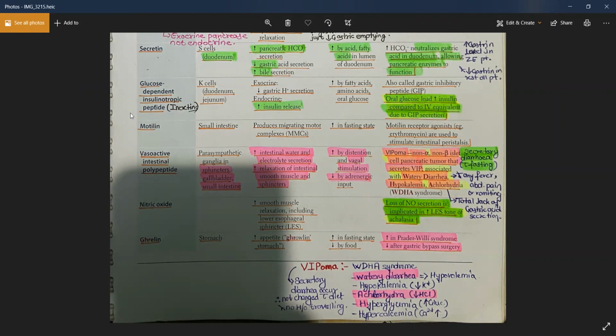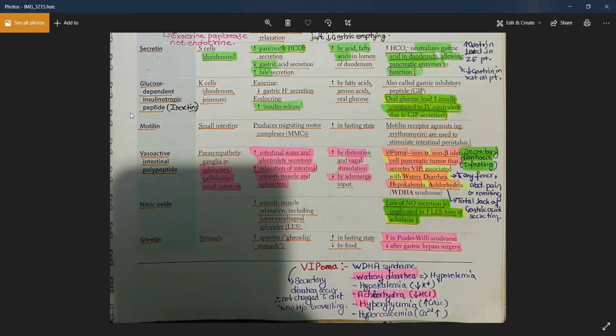One of the important things you need to understand is that whenever you take IV glucose, you won't have that much insulin release as you get when you take oral glucose. If you take oral glucose, then you have more insulin release than with IV glucose. Why?